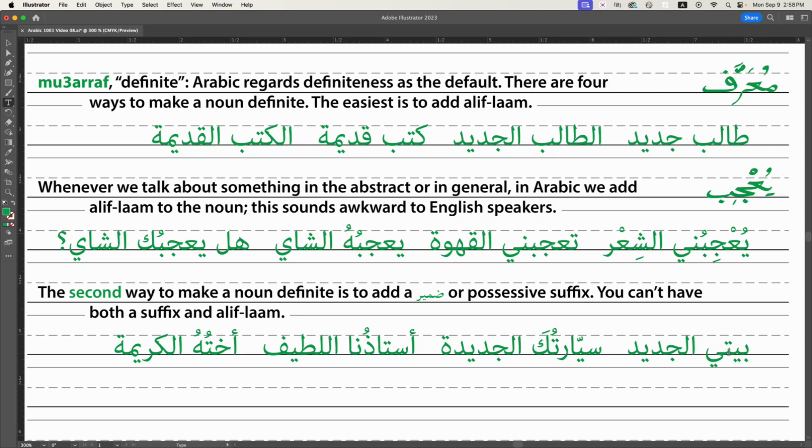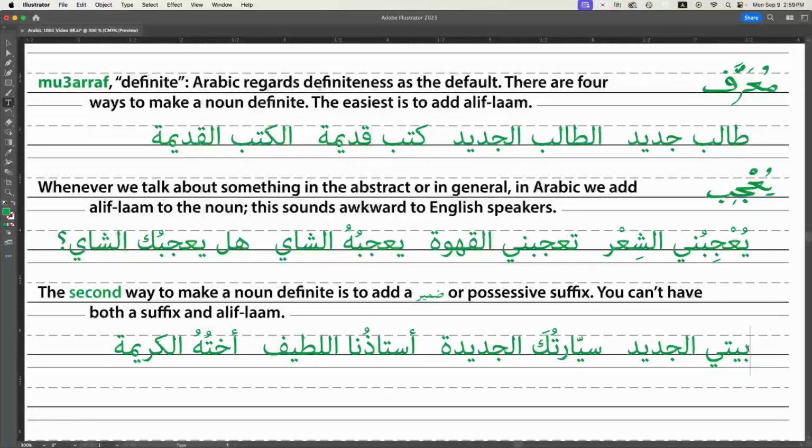And since now having a domir, or possessive suffix on the end, makes it definite, its adjective needs to be definite as well. And so we have to add alif lam to it, because the only way to make an adjective definite is to add alif lam. So Beiti al-Jadid, my house the new, or my new house.